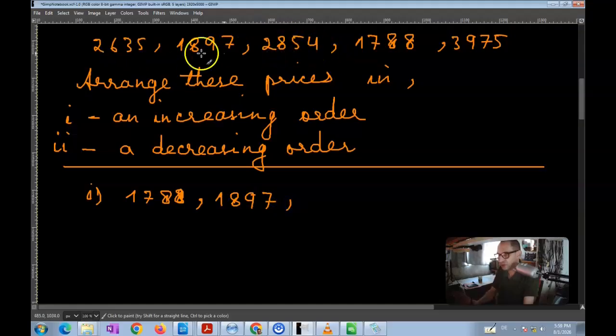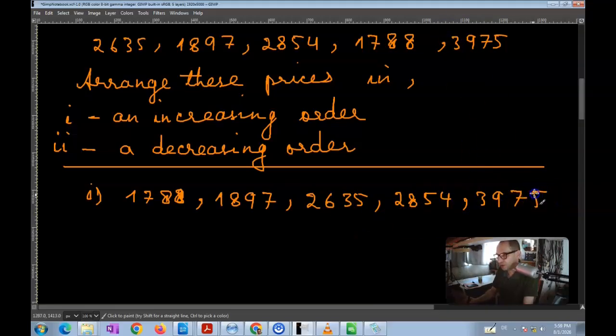Then 2,635. Then 2,854. And then 3,975. So you see that in an increasing order, you start from the smallest price, and then you will end up with the largest price on the list. So you start with around 1,800 and you end up with something around 4,000, right?